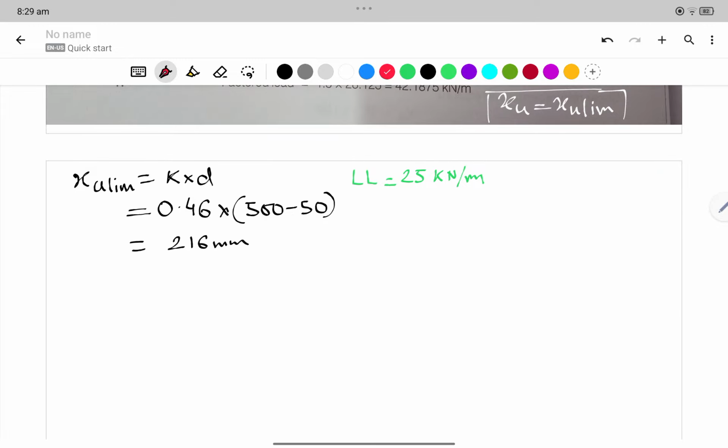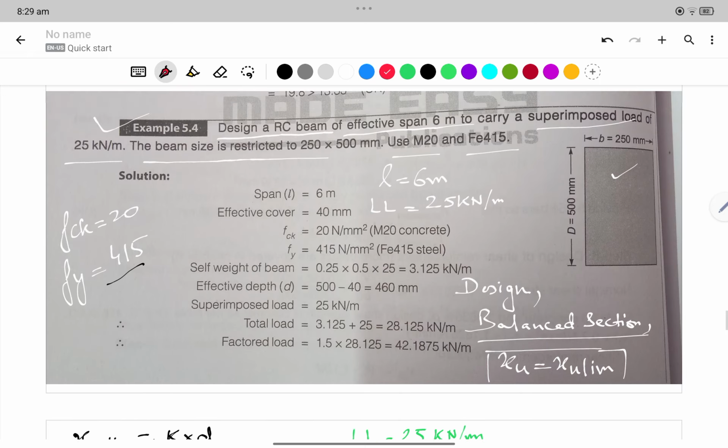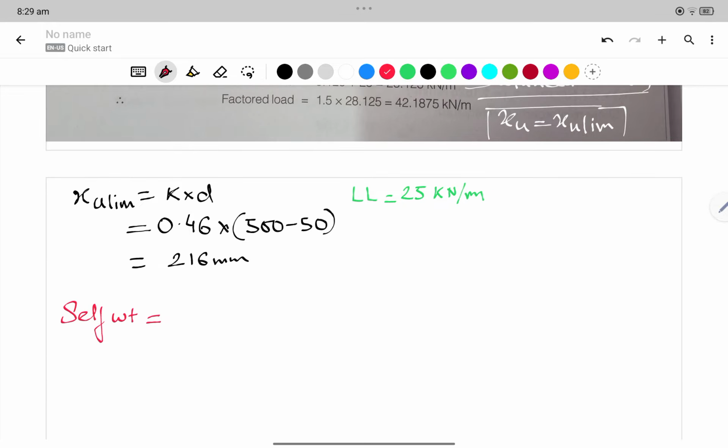How will we calculate the self weight? Self weight is equal to the dimension of the beam, 500 and 250, you have to write it in meter, 0.25 into 0.5 into the unit weight of RCC, which is 25.